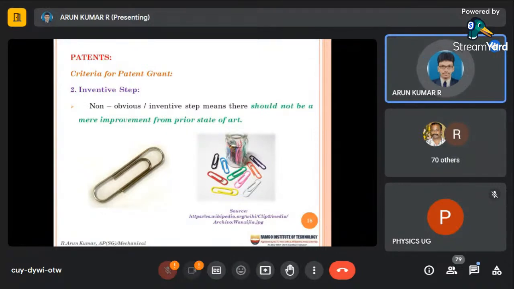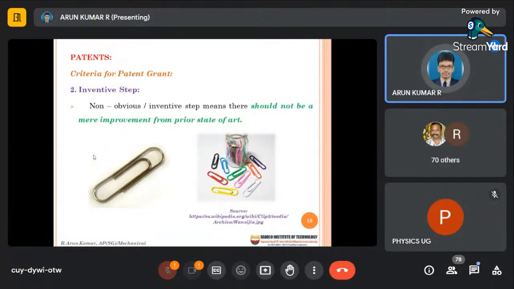Or you need to prove that your invention has some economic significance. What actually economic significance is, is that your invention or your innovation should bring the price of a product down.